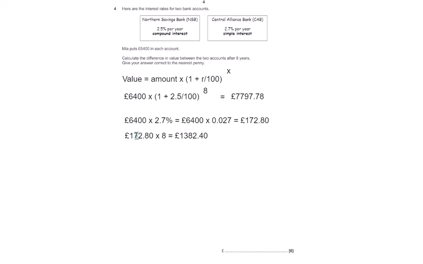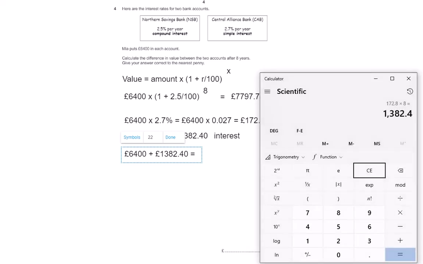Well, she would have the amount she started with, £6,400, plus the interest. And this figure down here is the interest. So the amount she has after 8 years is the amount she started with, 6,400 plus 1,382.40. And we have 7,782 and 40 pence, £7,782.40.